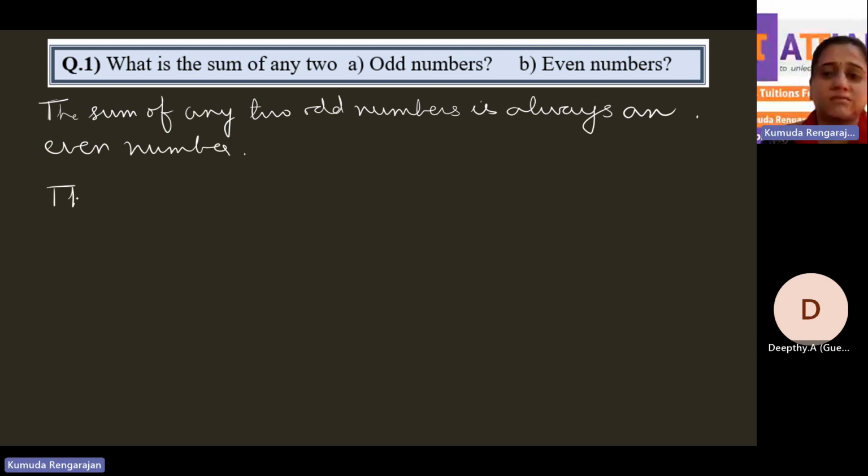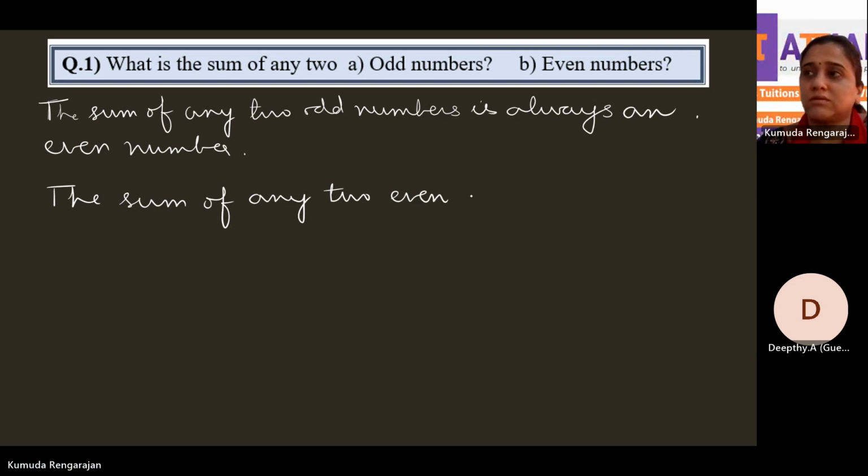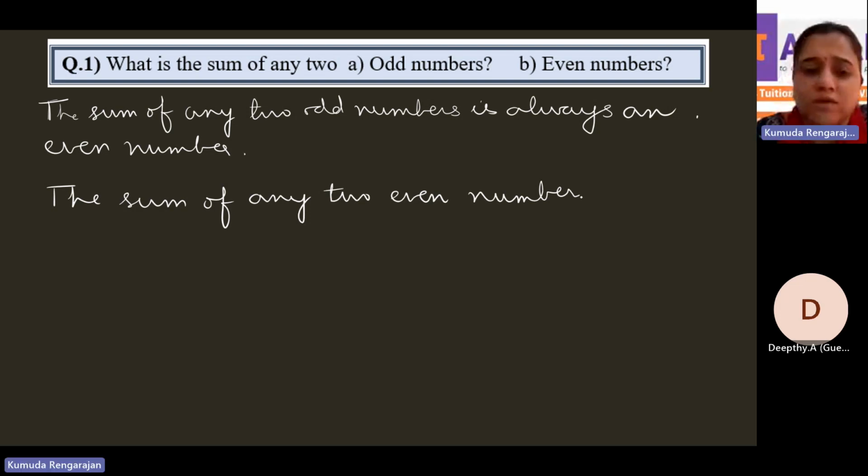Next. You don't have to give examples. The sum of any two odd numbers is always an even number.